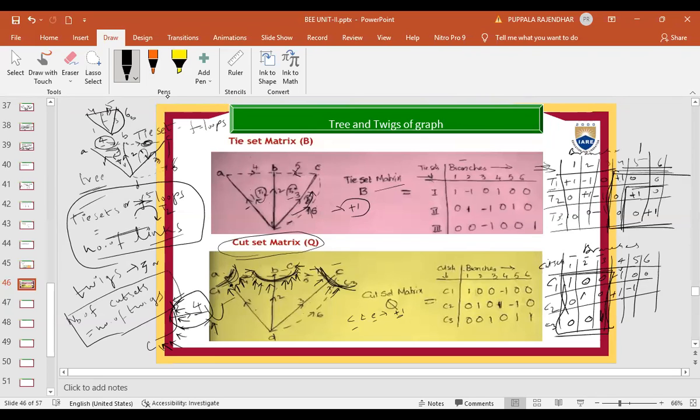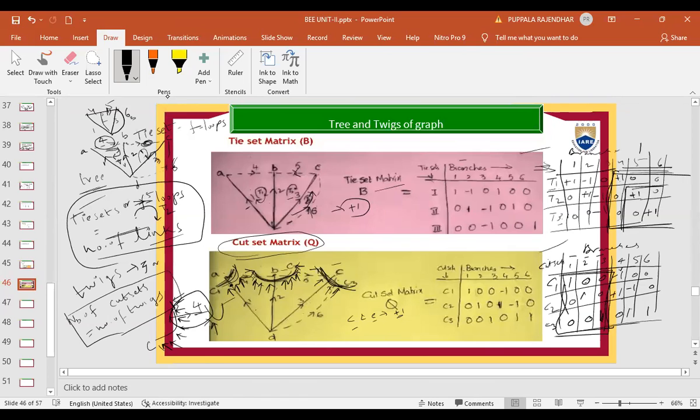C2 to 6 is 0. C3 to 4 is 0. C3 to 5 is 1. C3 to 6 is 1. Very good. This is the way to formulate the tie set and cut set matrix.